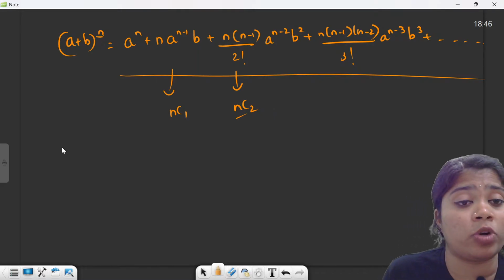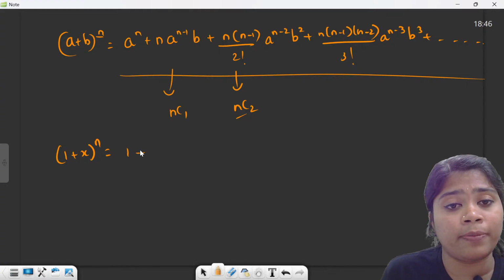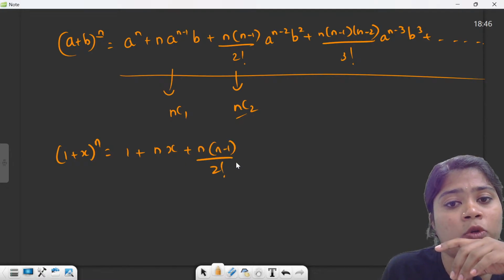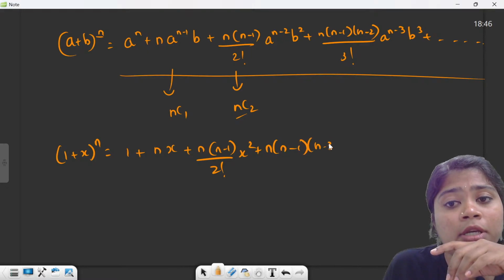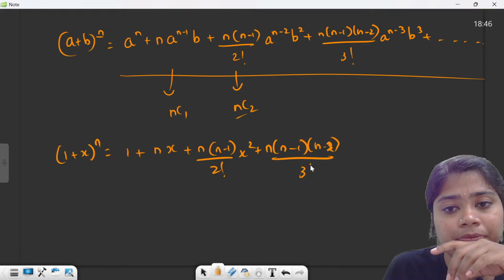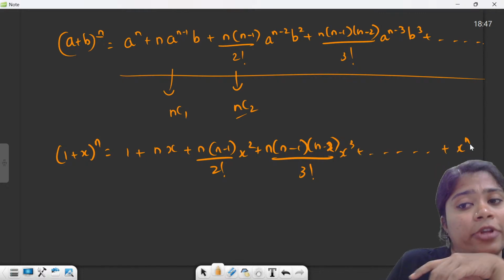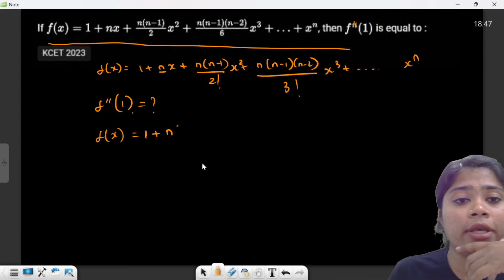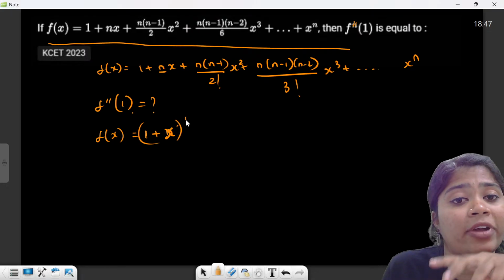The previous expression that we saw is 1 plus x to the power n, right? So we have 1 plus n into x plus n into n minus 1 divided by 2 factorial into x square plus n into n minus 1 into n minus 2. So you understood the pattern here. It will go till it reaches x power n. So here this whole expression can be written as 1 plus x to the power n only.